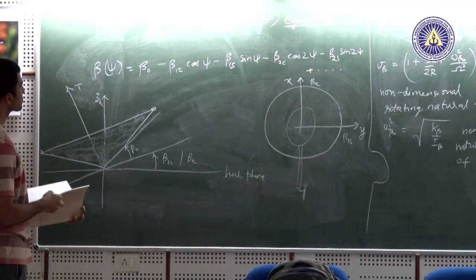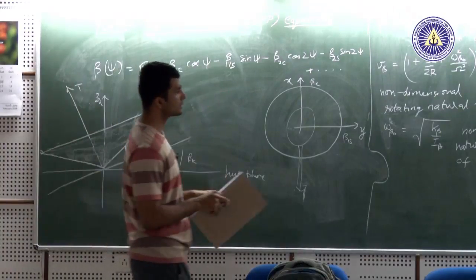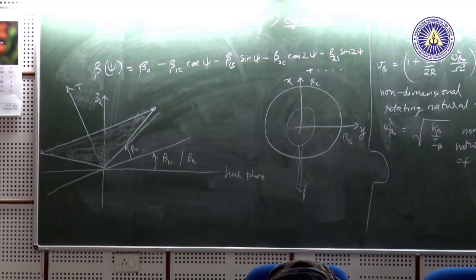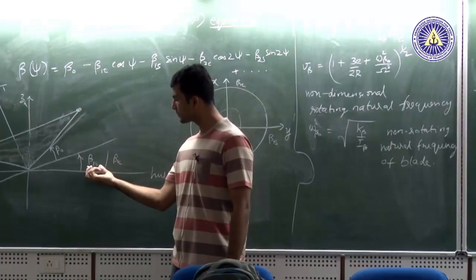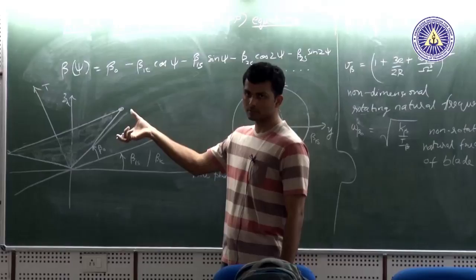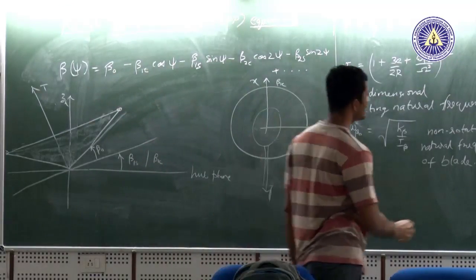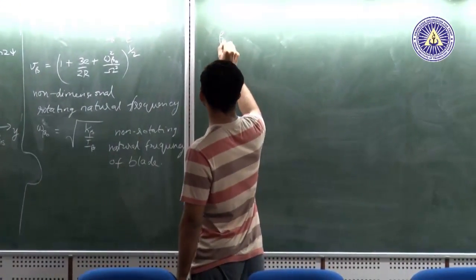So if I just write it in terms of these angles, ignoring the remaining terms, I am also interested in the time evolution of this tilting of the rotor disc, okay, not just the steady state values. So I am going to parameterize these slightly differently. The coefficients are now a function of time.